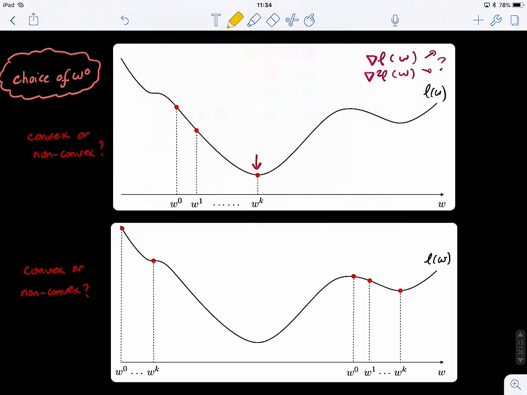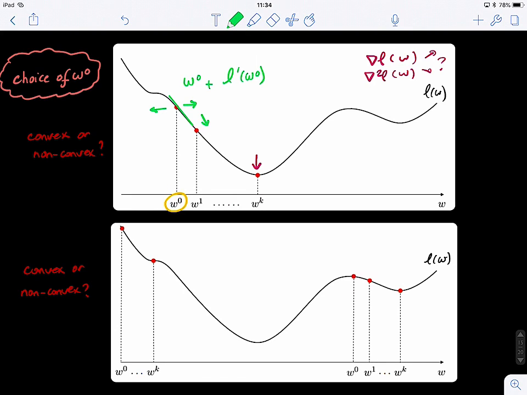So here, if I start at W0 and I compute the gradient, what do we have here? Is the gradient a negative or a positive slope? Negative slope, okay? If I subtract the gradient evaluated at this point from omega 0, will I go towards the right direction where the loss is decreasing, or in the other direction?